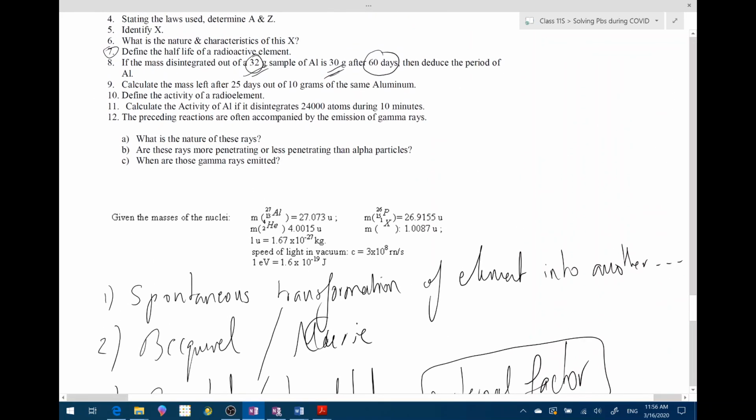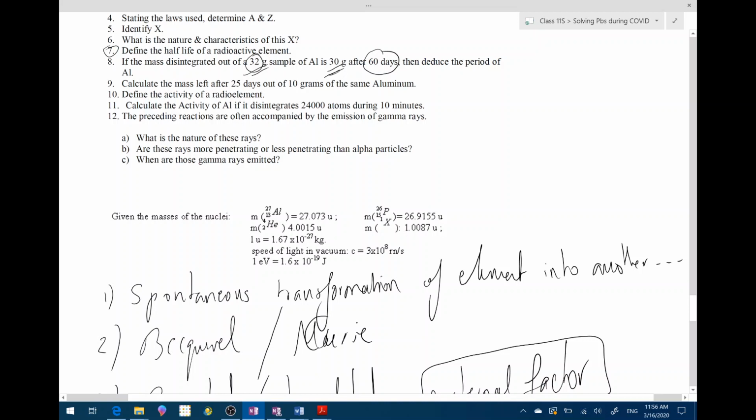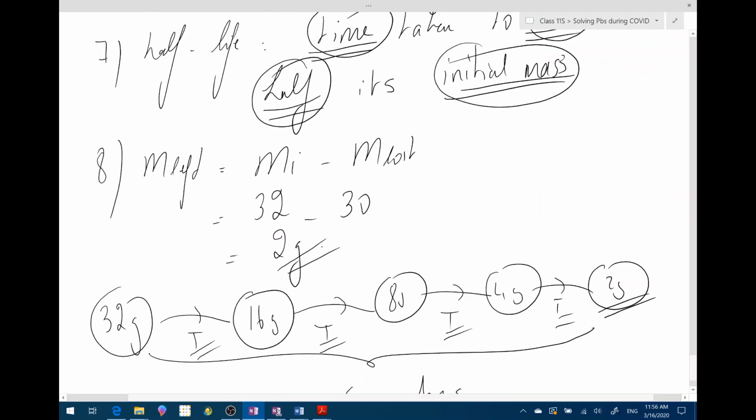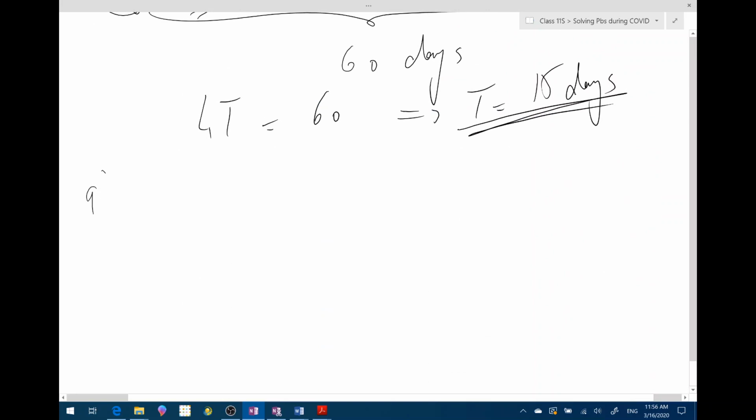Number 9, calculate the mass left after 25 days out of a 10-gram sample of the same aluminum. Now, we can go by the formula that says the mass left is the initial mass over 2 power n.